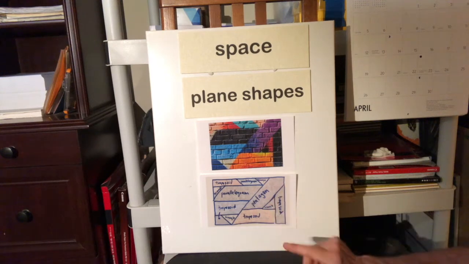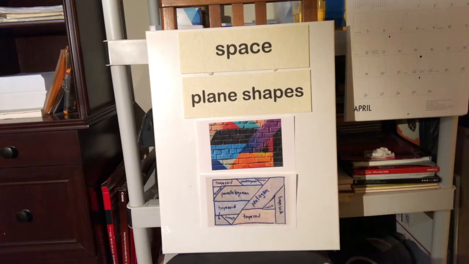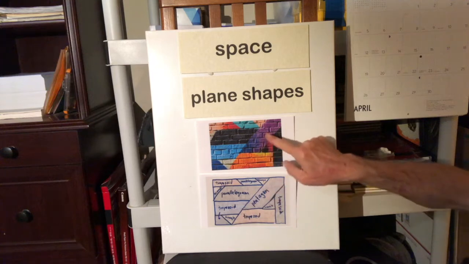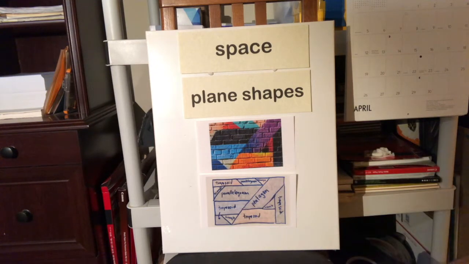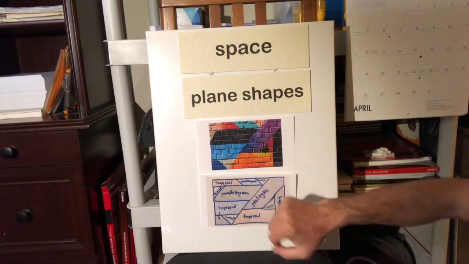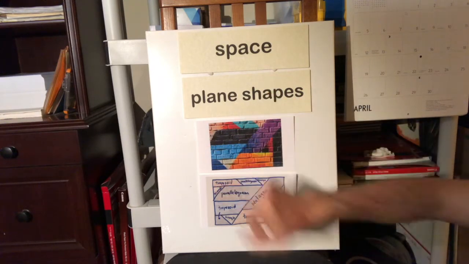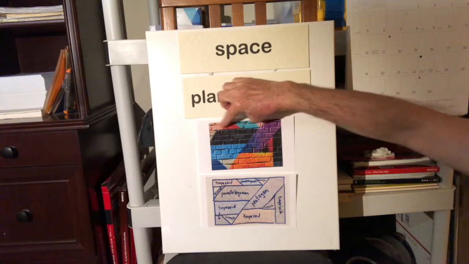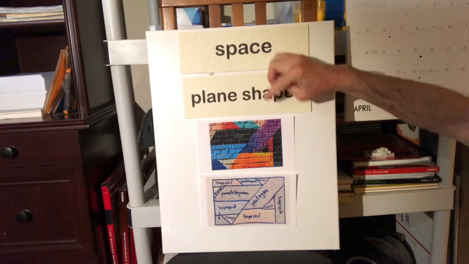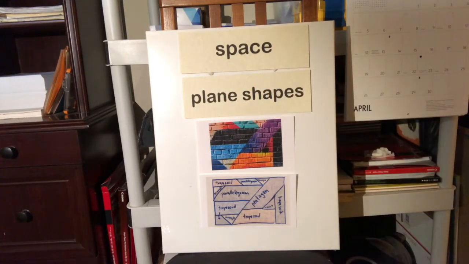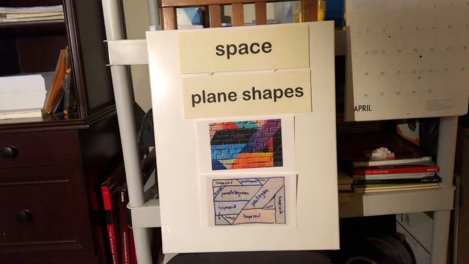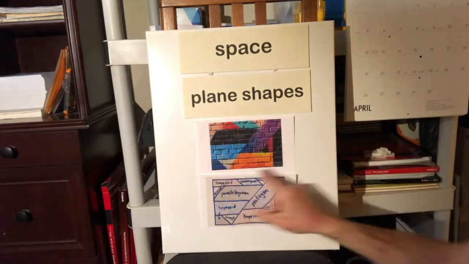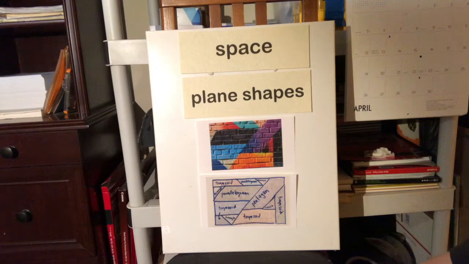These plane shapes: a trapezoid, a pentagon, which has 5 sides, a triangle, another trapezoid, another trapezoid, another trapezoid, a triangle, a parallelogram, a triangle, a trapezoid, a parallelogram, and finally a tiny triangle. Those are the plane shapes that are in this space, and they create a piece of art.